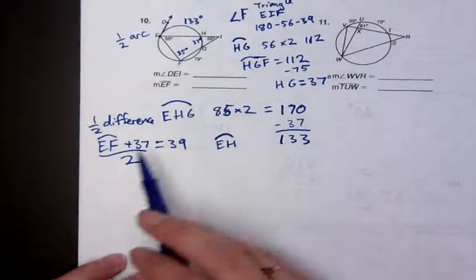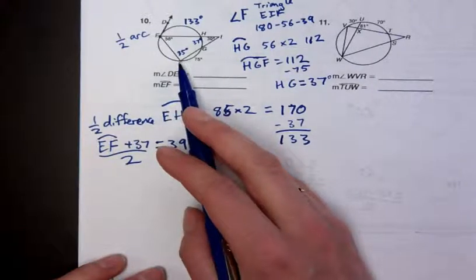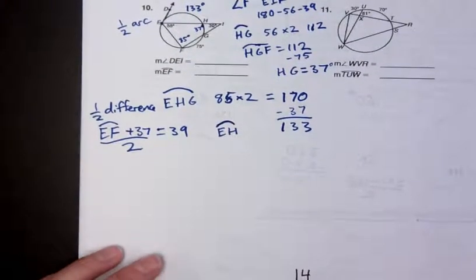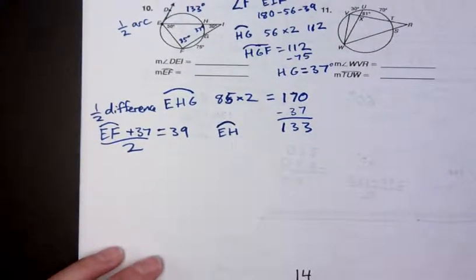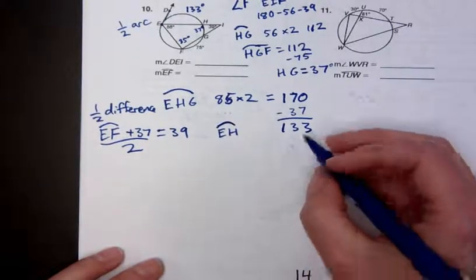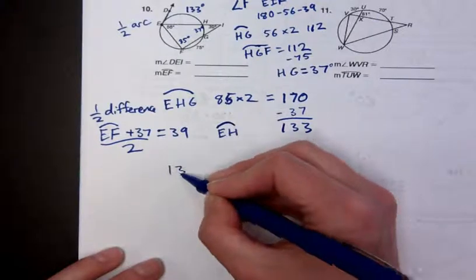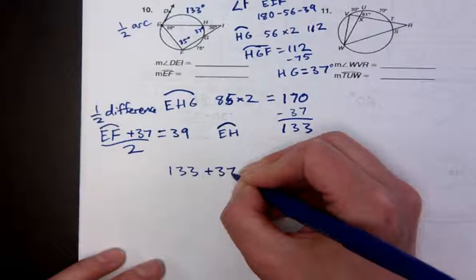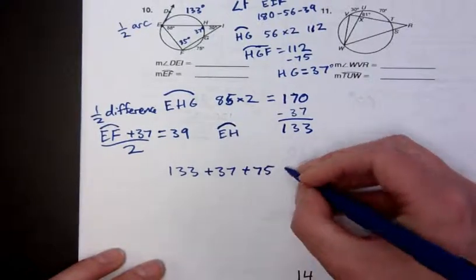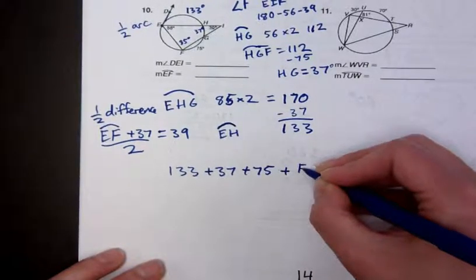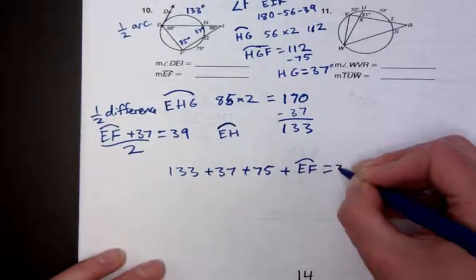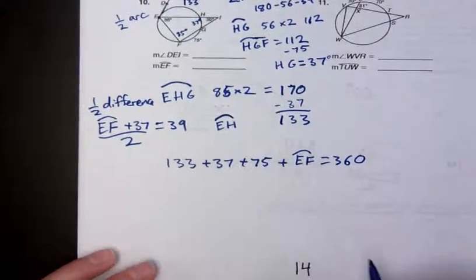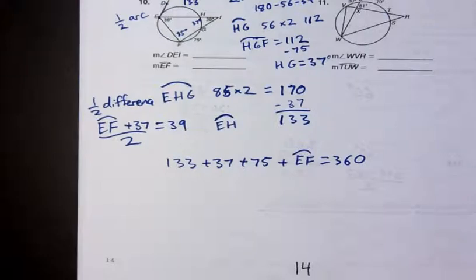Okay, so that's one way to go ahead and find EF. What's the other way? I heard someone say it, and I think it's a little easier at this point. Yeah. So we can add up everything we have. So 133 plus 37 plus 75 plus EF equals 360. All right, so when you do the math, what does EF come out to?